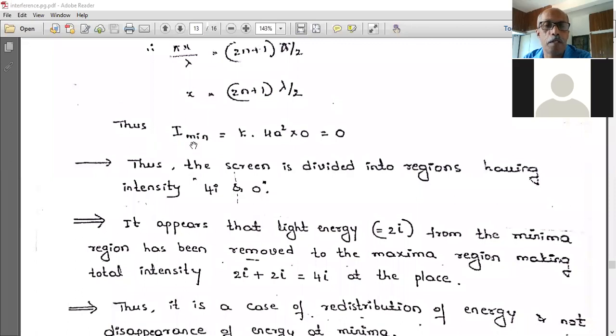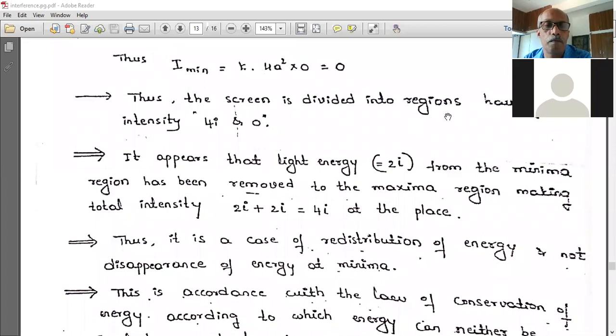Thus, I minimum is equal to k into 4a square into cos term, which becomes 0, and therefore it is 0. The minimum intensity is 0. Thus, the screen is divided into two regions having maximum intensity and minimum intensity.